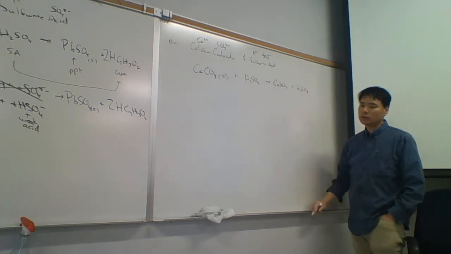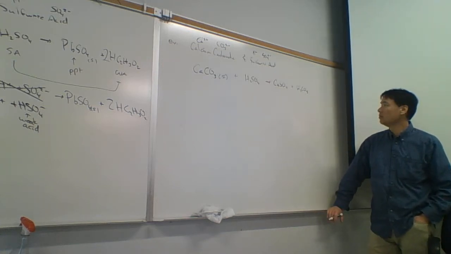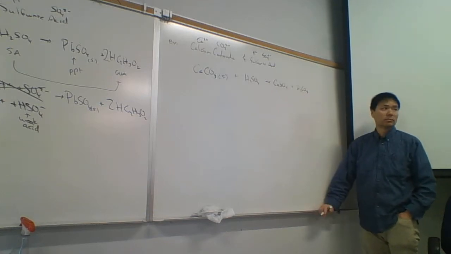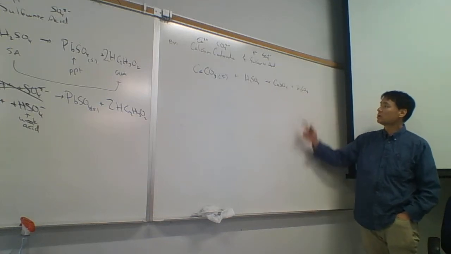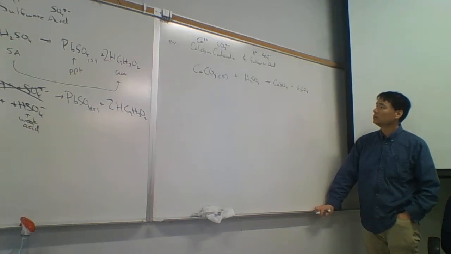Hydrogen carbonate also goes by the name of what? In fact, this is the name we should use. No. Hydrogen carbonate ion does, but this is hydrogen carbonate, the compound. So hydrogen carbonate, the compound, the name for that is, what's the acid name?